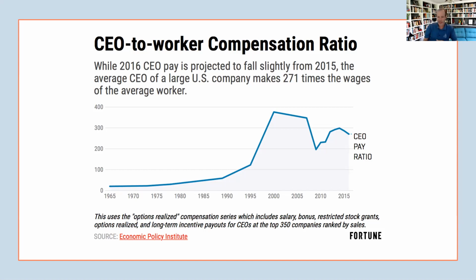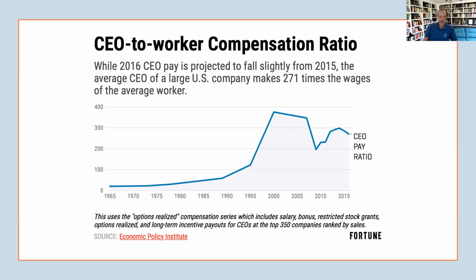You can look at the average worker in their industry or a more broad look. Starting in 65, 70, 75, 80, 85, CEOs made more, right? And you'd expect the people at the top of a company to be making more money, but not that much more than the average worker.